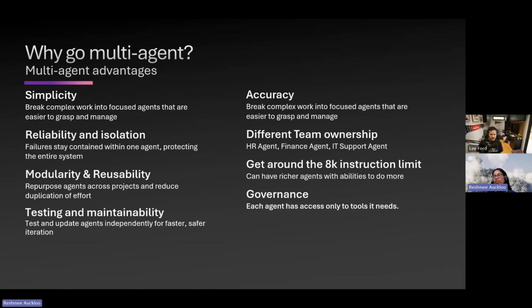So it's better to break it up. In case you have a lot of instructions, if you go for multi-agents, you divide those instructions into different agents, so you can make each one a little bit more specific, and as well you can combine them together. It could be more than the 8,000 instruction limit.